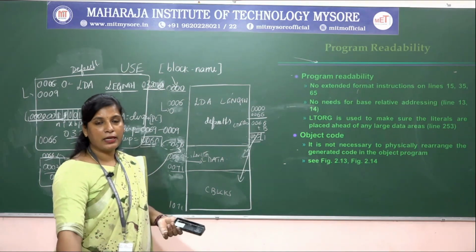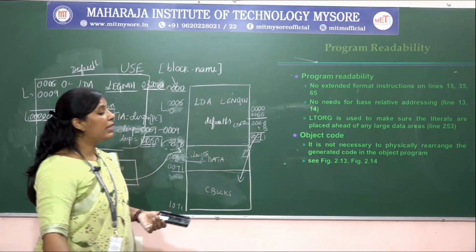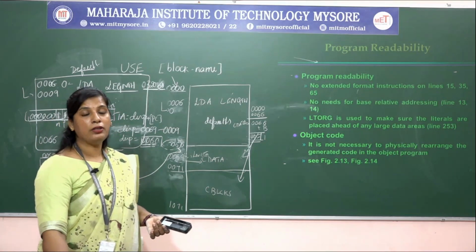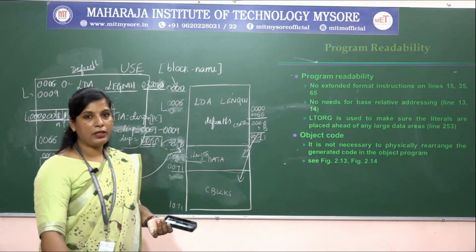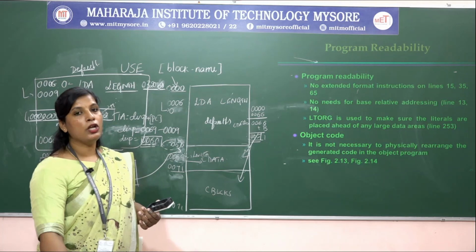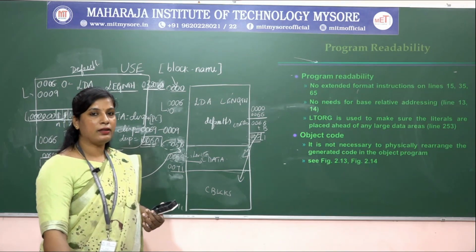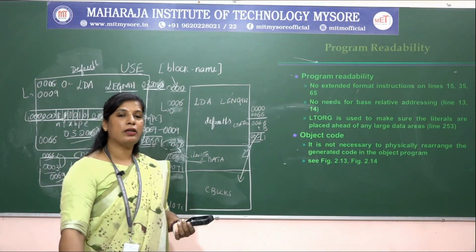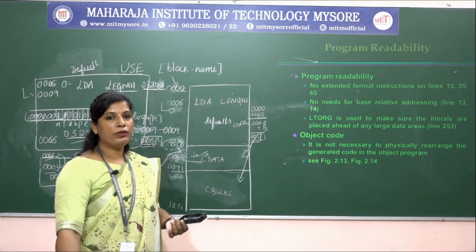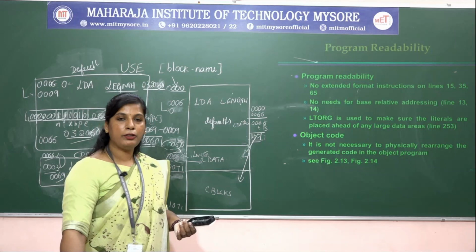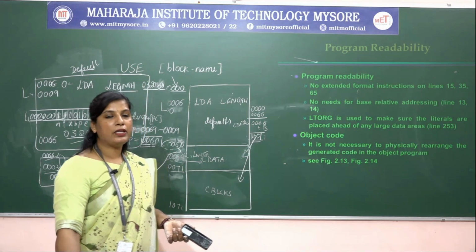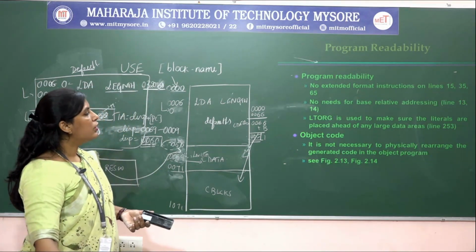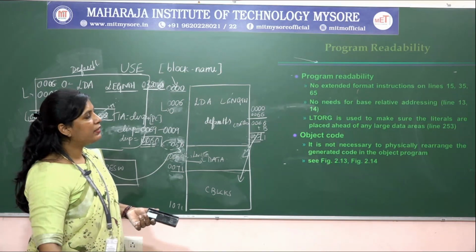Instead of format 4, we can go with format 3 only. Then we can avoid relocation or modification for such instructions, because only the instructions in format 4 need modifications at loading time. If it has a displacement value, no need for any kind of modification. So no need for base relative addressing mode.